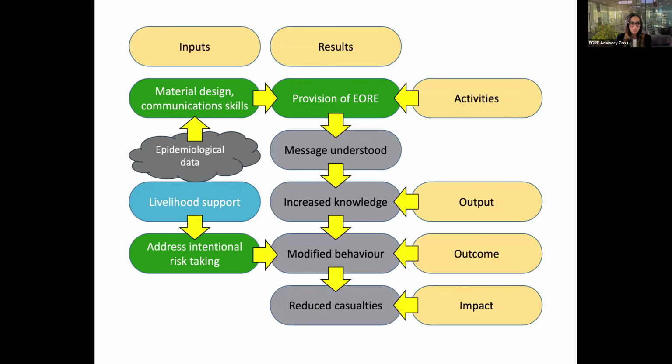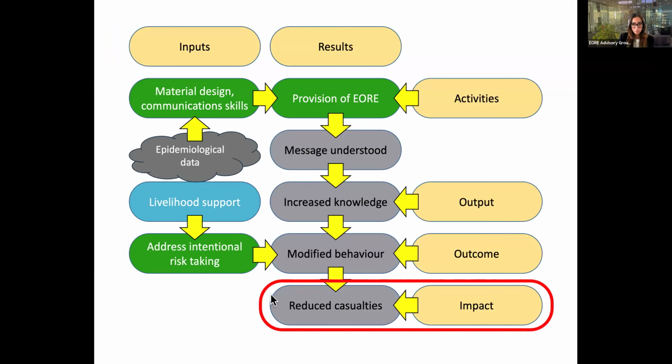What does that look like? Here's a results chain diagram. We discussed this before in the previous meeting, but it's worth just reminding ourselves that this is how the logic fits together. And what we're talking about today is impact. Are we reducing casualties?